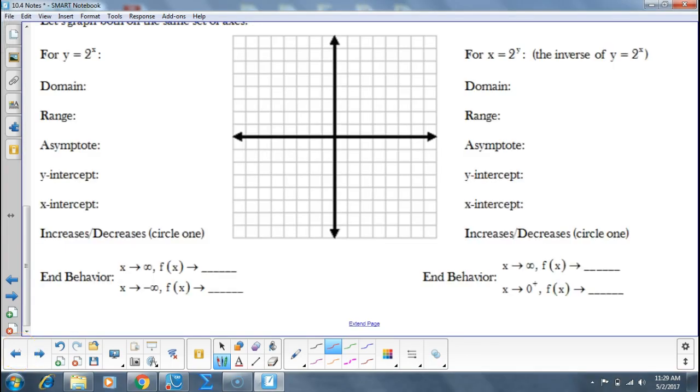Pick me a color for my original function. Hank, we gotta see it though. Green. Orange? Okay, we'll go. This is my orange, just so you know, right here.